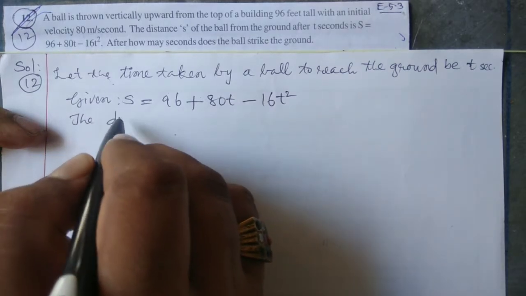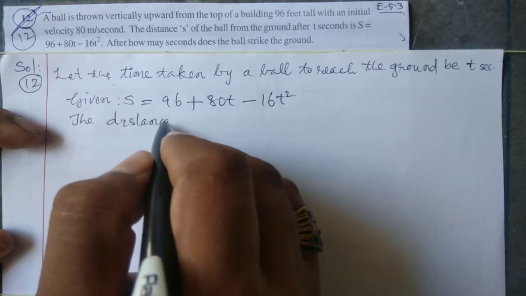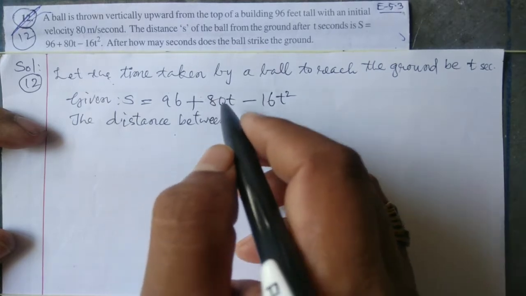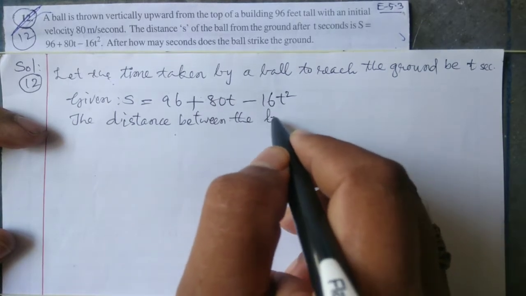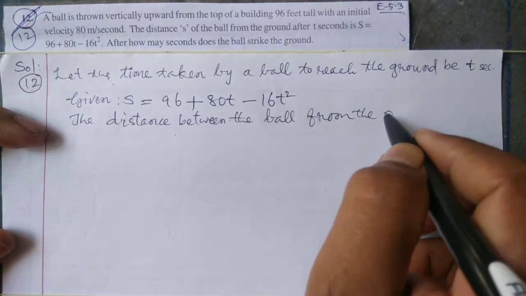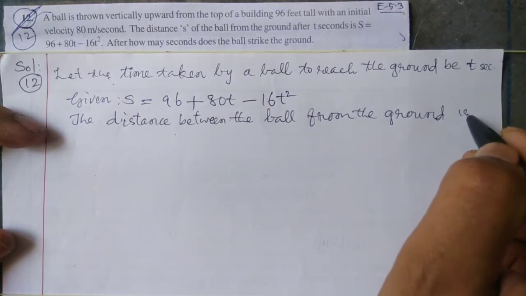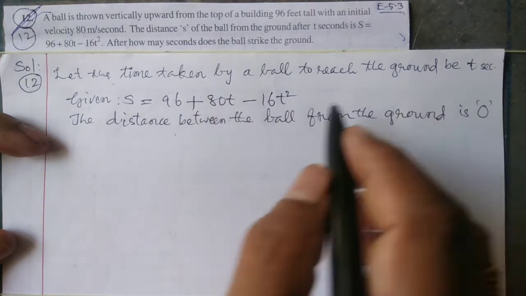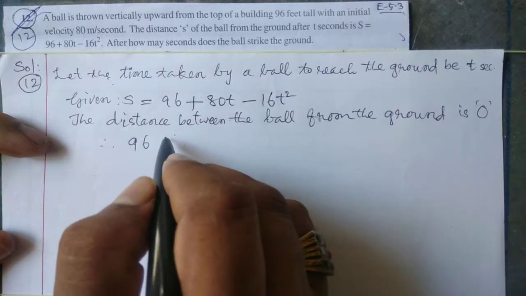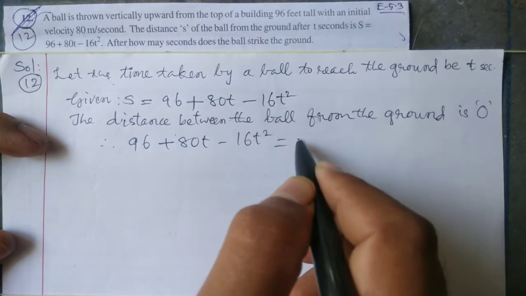The distance between the ball and the ground is 0. Therefore, 96 plus 80t minus 16t square is equal to 0.